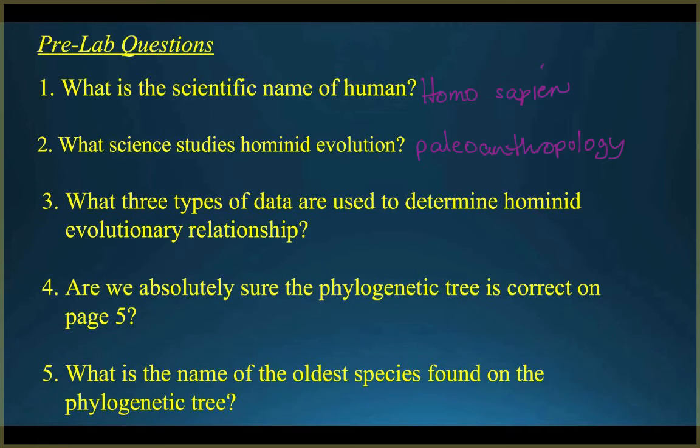The very first thing is we have, if you remember, absolute and relative dating. We have molecular analysis. And the final thing is what we're doing with this lab, morphological comparison.